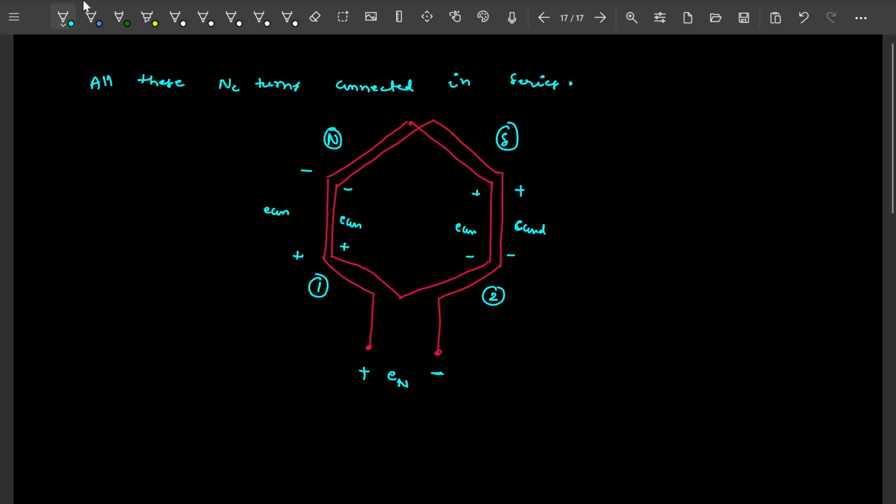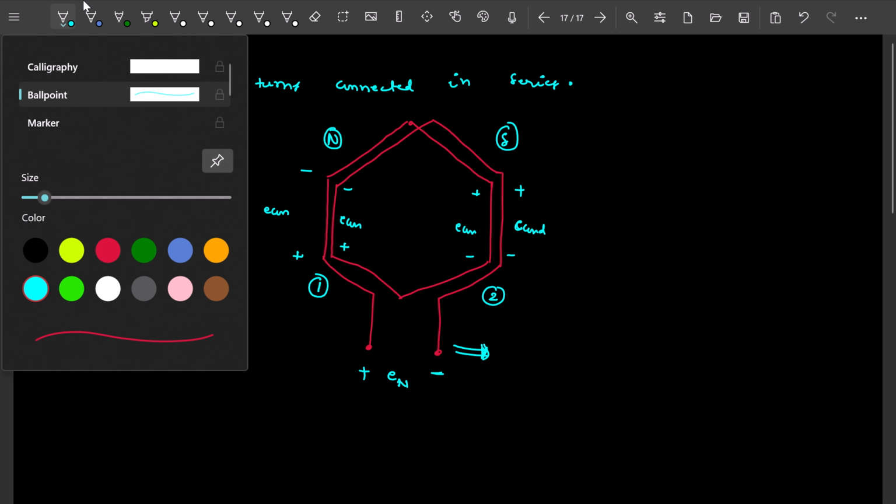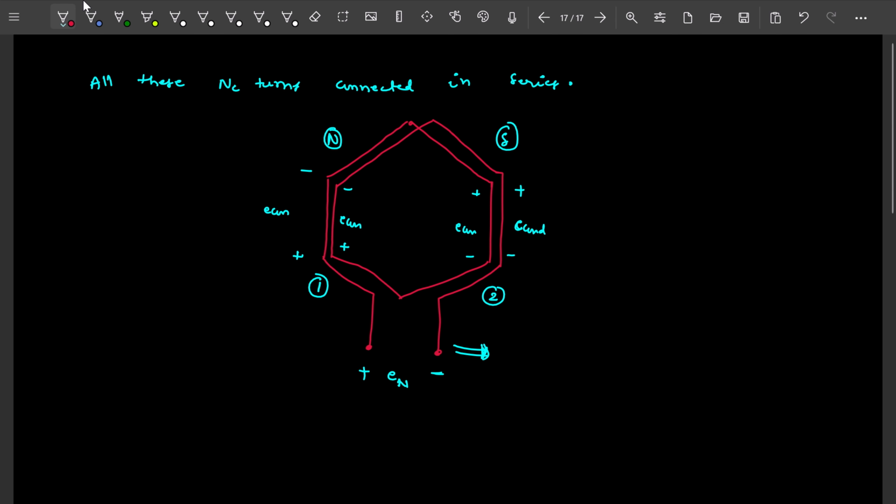Okay, NC turn coil. This thing can be modeled like this. This is one turn, this is another turn.